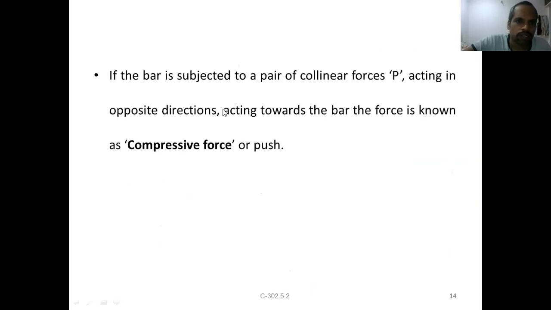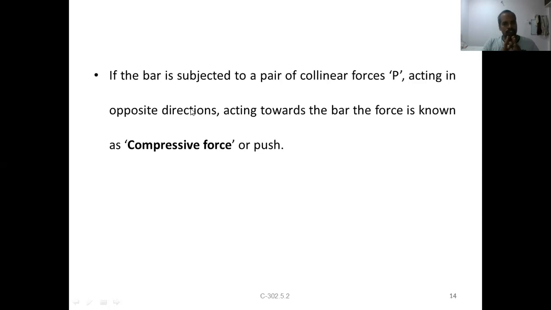Now see this. What is the definition of compressive force? If the bar is subjected to a pair of collinear forces P acting in opposite directions towards the bar, it is known as a compressive force. Towards the bar.